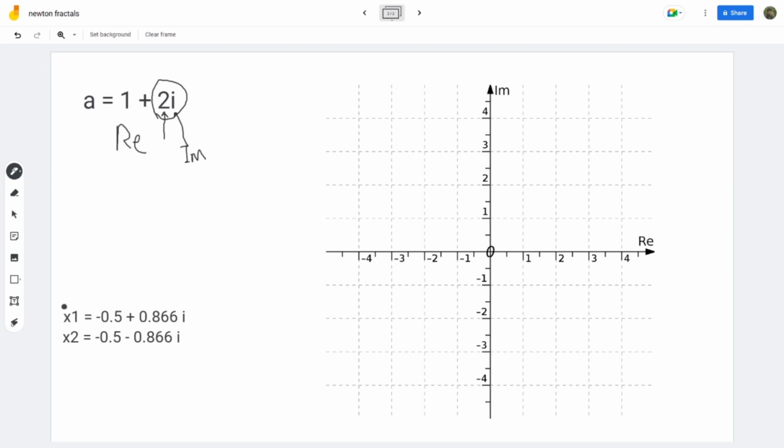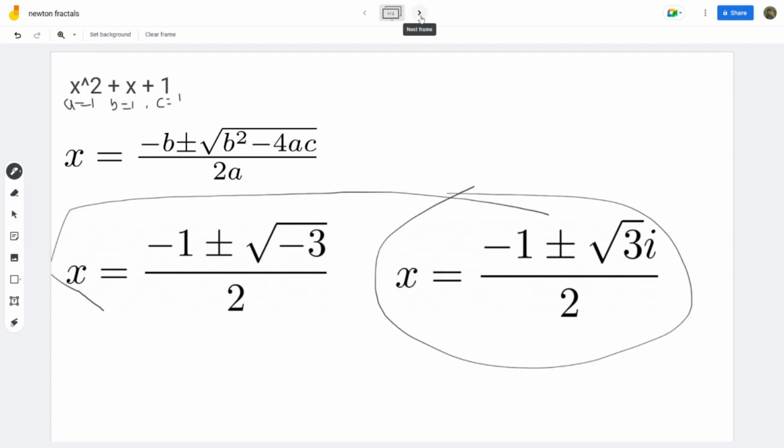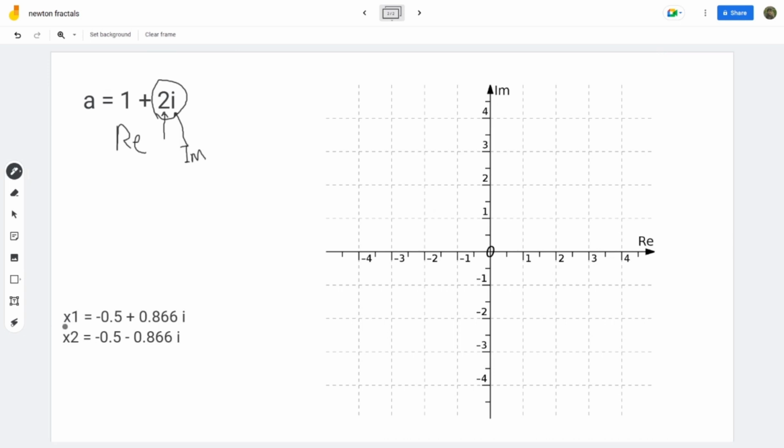So from the last example, if we want to represent this solution right here, these two solutions, then I can represent these two numbers on the complex plane like this, where they have a real part and an imaginary part. And I can show where they exist on the complex plane.